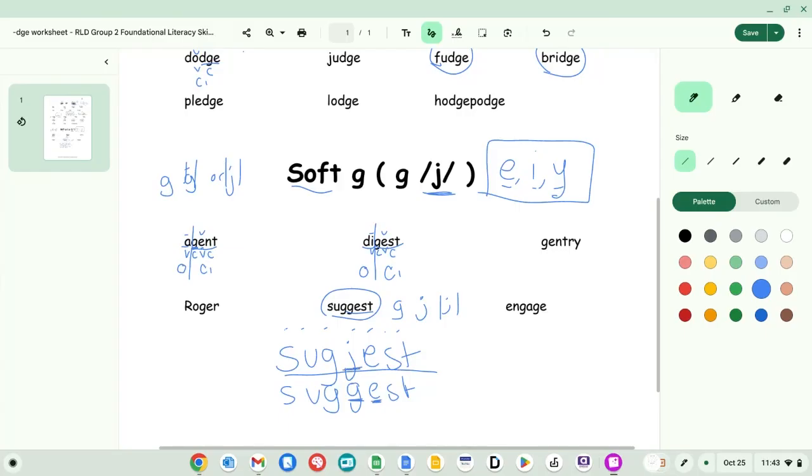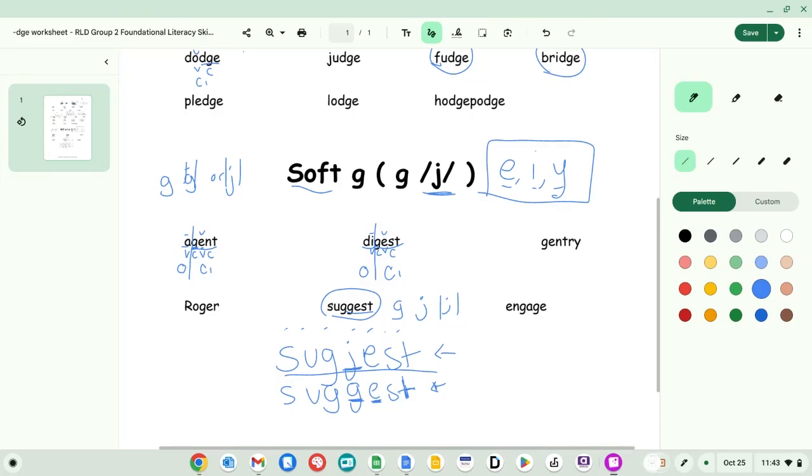So we can look at it to make sure that we want to use our cognitive spelling and try out the sounds. So is it suggest with a J or suggest with a G? And you could try them both. If you have no idea, you can look in a dictionary.